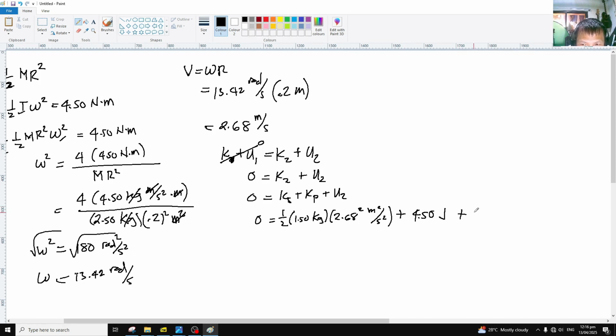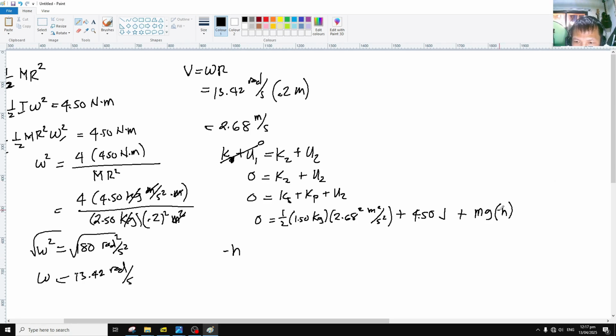Yung potential energy ng stone is mg times h. Negative yung h, kasi pababa yan, pwede na nating i-negative yan.